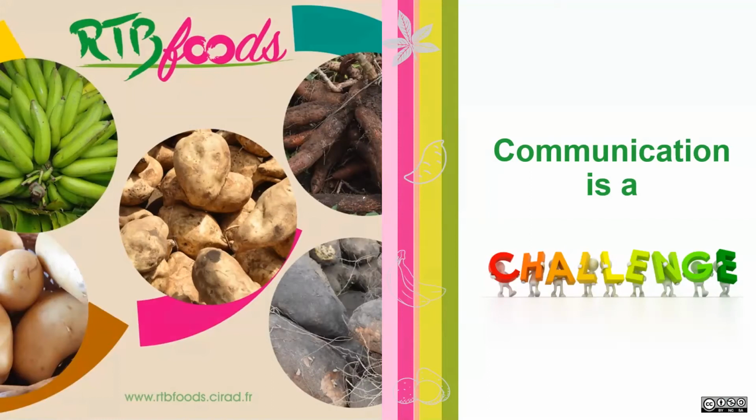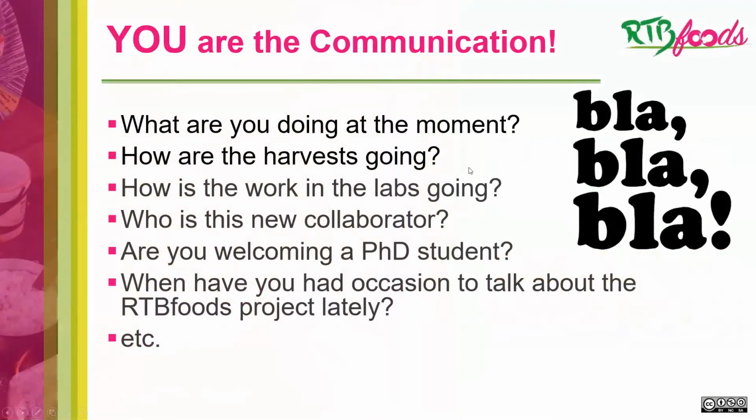To take up this challenge, you should expect to receive messages from Pascal asking, what are you doing at the moment? How are the harvests going? How is the work in the labs going? Who is this new collaborator? Or are you welcoming a PhD student? When have you had occasion to talk about the RTB Foods project lately? Etc., etc.